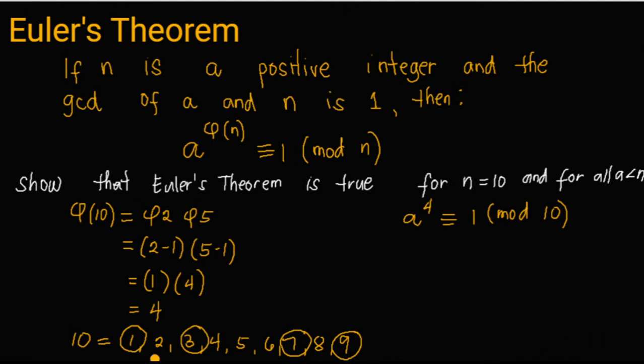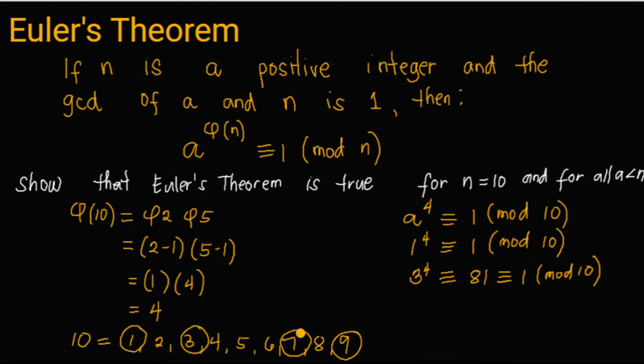So for our first value of a, we have 1 raised to 4. So that will give us a remainder of 1 when we divide it by 10. So for the second value of a, we have 3 raised to 4. So 3 raised to 4 is equal to 81, right? So that's 81. And that will give us a remainder of 1 when we divide it by 10.